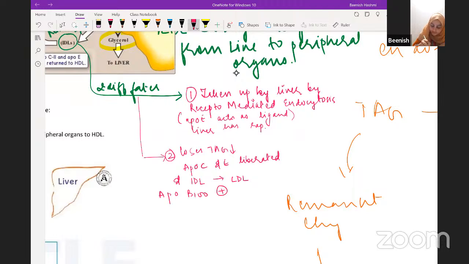So you see your VLDL first changes into IDL, and then that IDL changes into LDL, and this is known as the lipoprotein cascade pathway.